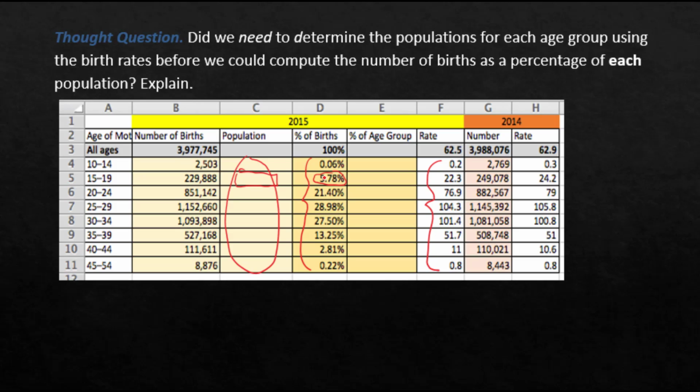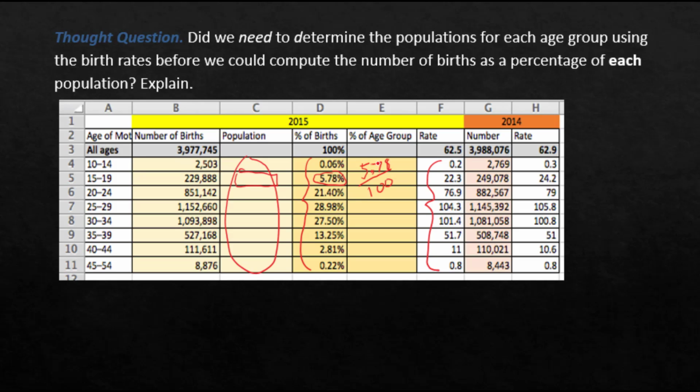That 5.78% is of the total births. 5.78 of them out of every 100 births total was women aged 15 to 19. Well, births per total number of births is not going to get you to the population.